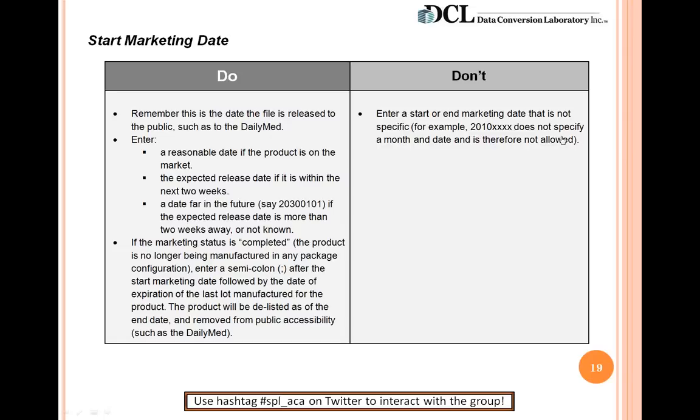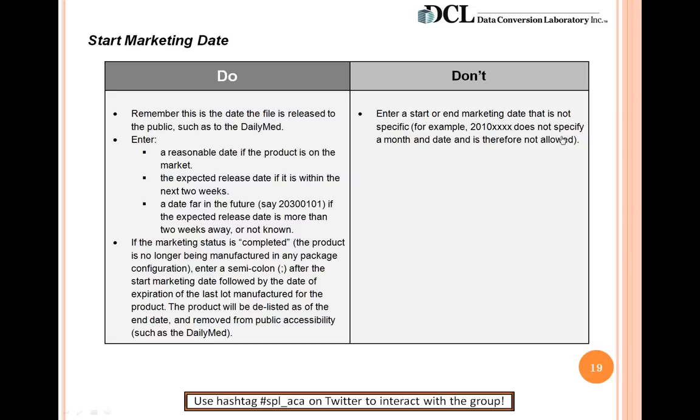The aside that I'm doing is at the FDA on their SPL resource page, you can download all of the drugs that have been listed using SPL, and they associate a marketing date and an end date with each package configuration, and they're doing that based on the marketing date for the products.